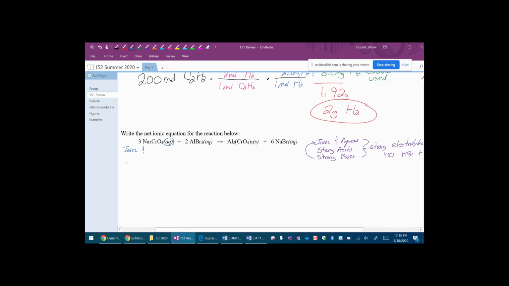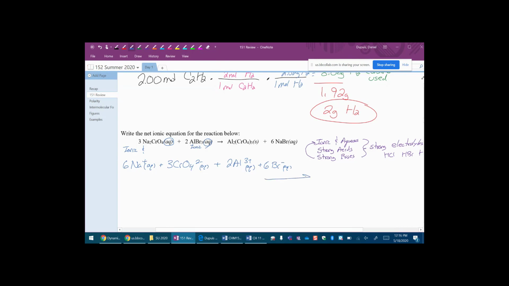So that means I get 6 Na plus, 3 CrO4 2 minus. Does aluminum bromide break apart? Well, it's ionic and aqueous, so yes, 2 Al3 plus, 6 Br minus.